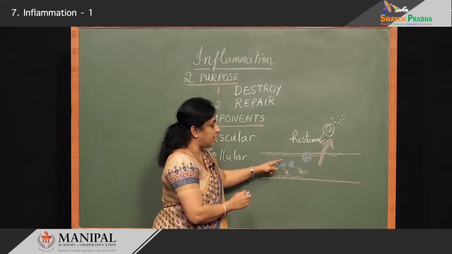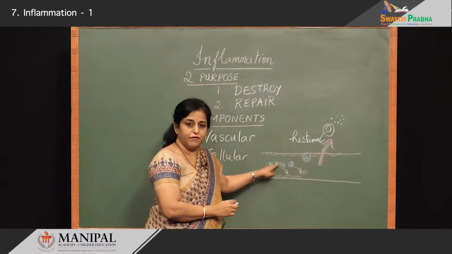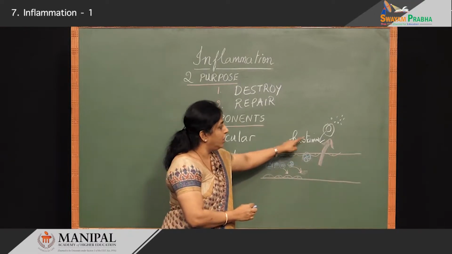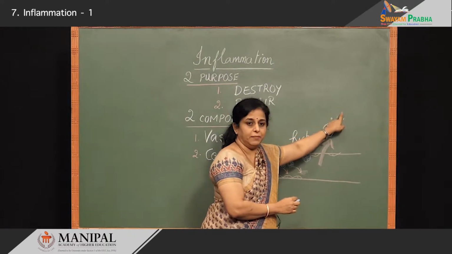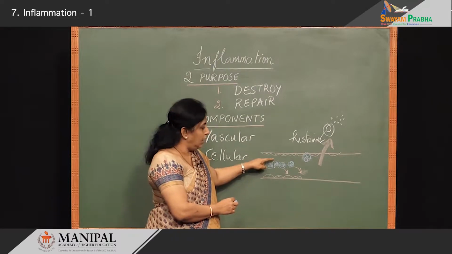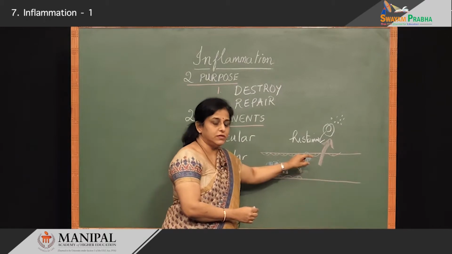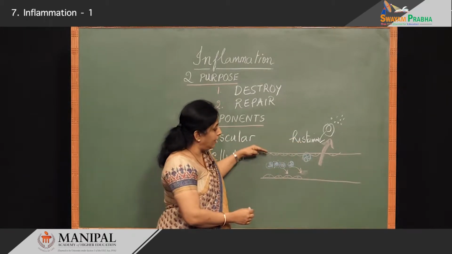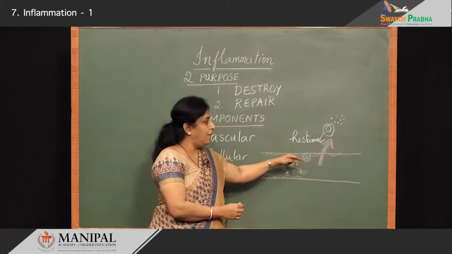So, this is the first step. Now, what do we want in inflammation? We want these leukocytes which are defense cells or the immune cells to reach the site of injury and destroy and eliminate them. So, the vascular events have helped the process of cellular events that follow. So, the leukocytes which are residing in the center of the stream have fallen out and they have come to line the periphery at the endothelial cells, what is called as margination.